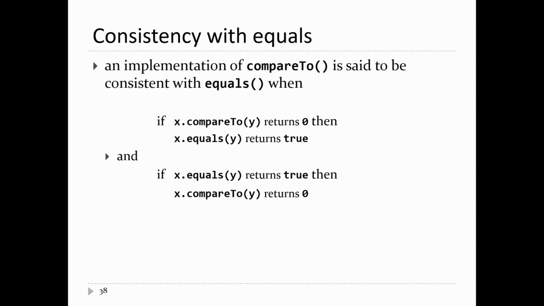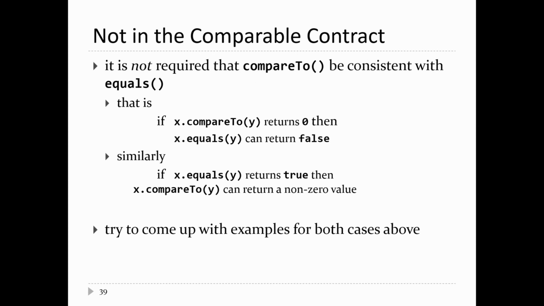So two equal objects, when you compare them, you get back 0. Now the funny thing with compareTo is that it does not have to be consistent with equals. They look like they're related to one another, but that's not necessarily the case.